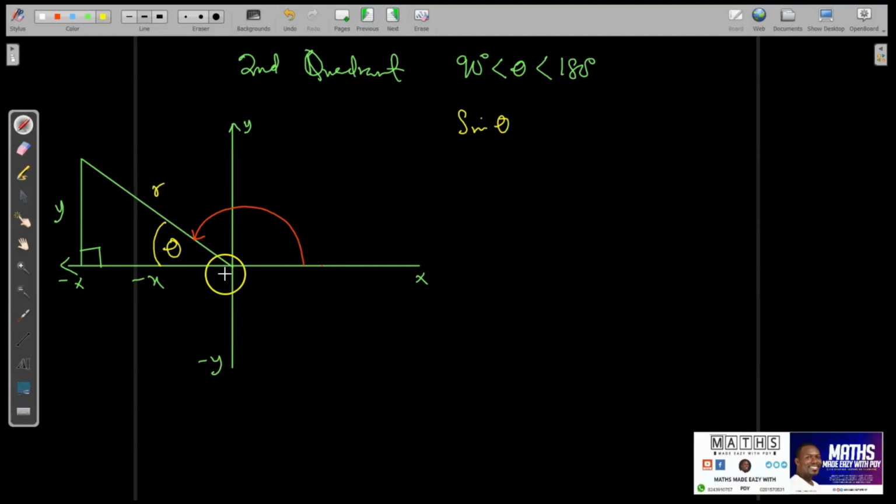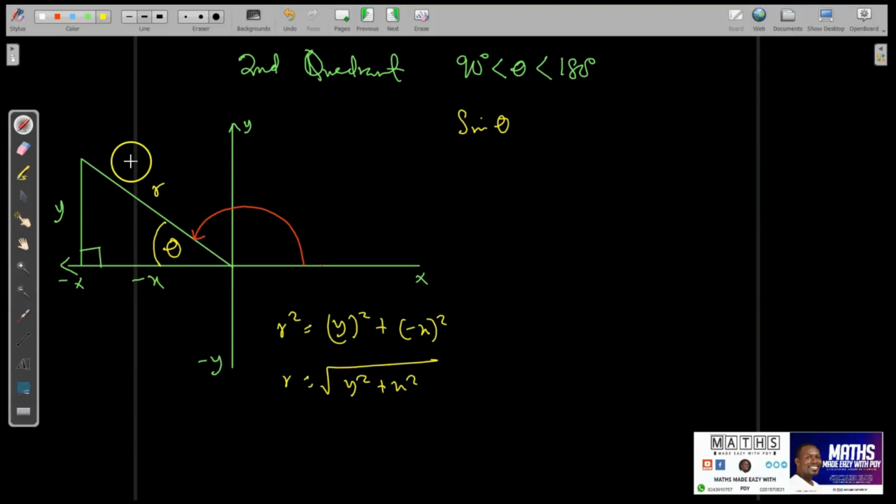Using Pythagoras theorem, r squared is equal to y squared plus negative x all squared, so r will be equal to the square root of y squared plus x squared. So the r value is always a positive number, but the opposite and adjacent may change because of the position of the terminal line.